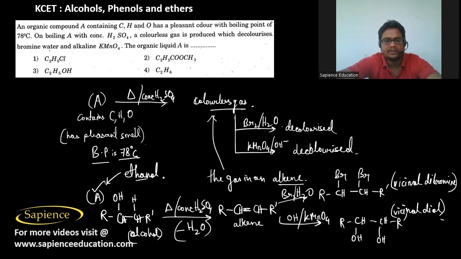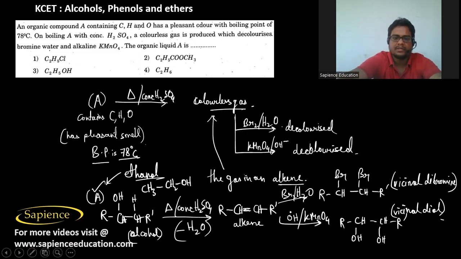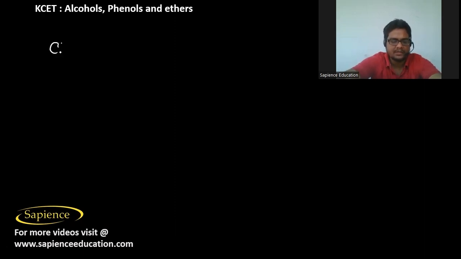Ethanol is CH3CH2OH. So the reaction is: CH3CH2OH, when boiled with concentrated sulfuric acid, acts as a dehydrating agent.